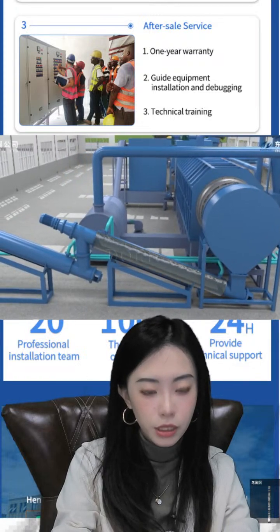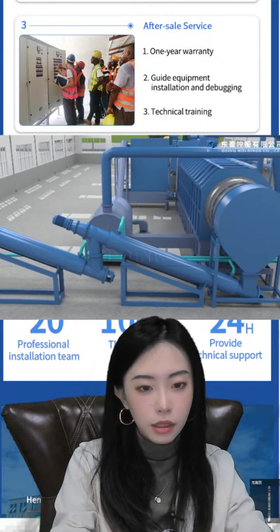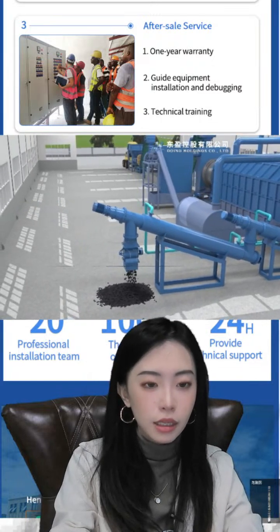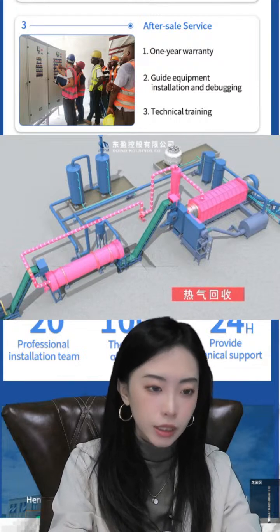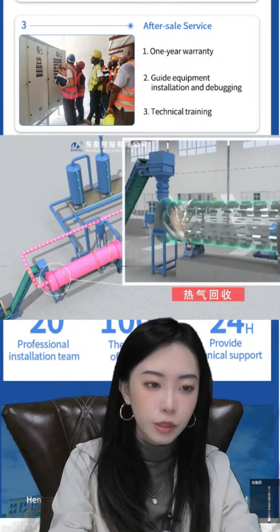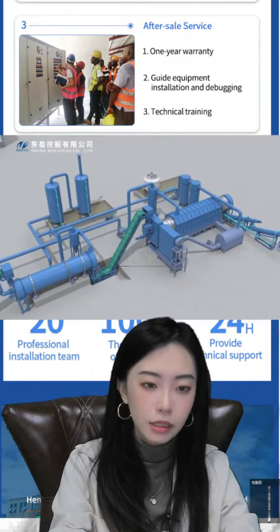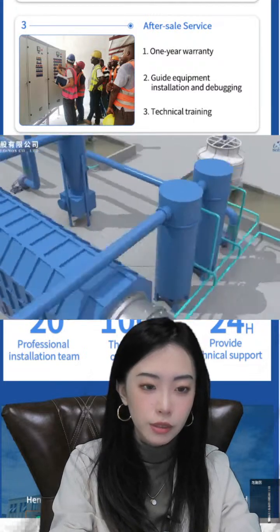So the higher the water content, the more wood vinegar we will get. And the whole carbonization process is mainly 20 to 30 minutes, and it will depend on the size of the particles, the water content, and the state of the materials.